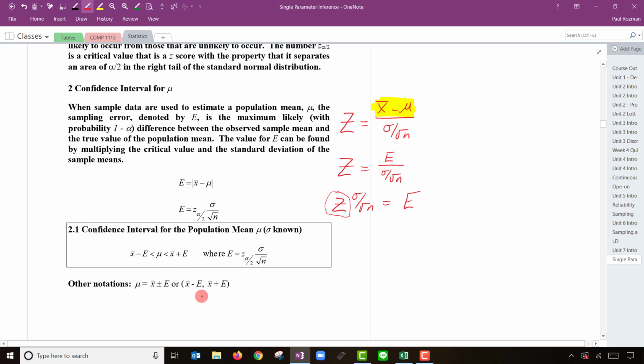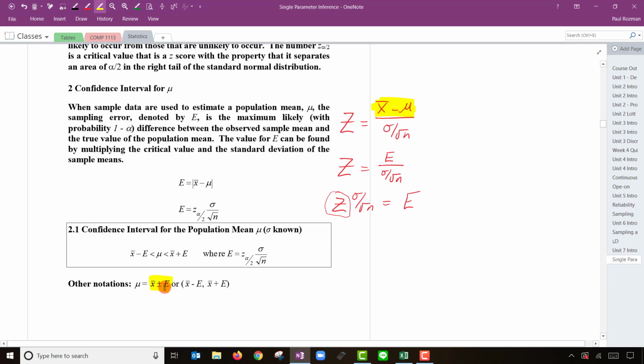You can write your intervals in interval notation as we would in math, lower bound and upper bound. Typically, the most common way I see them written is with plus or minus.